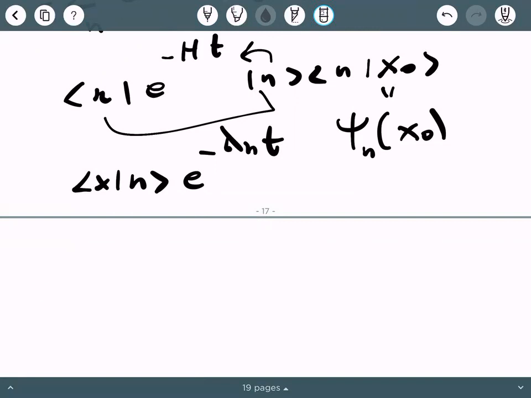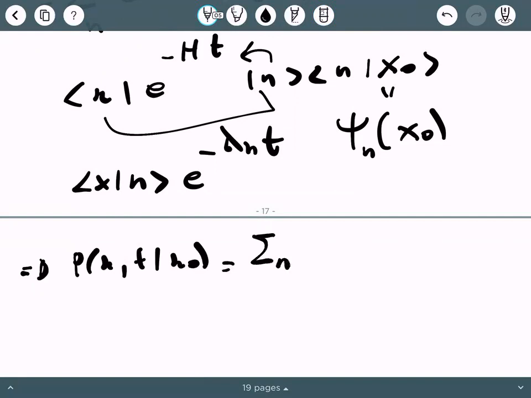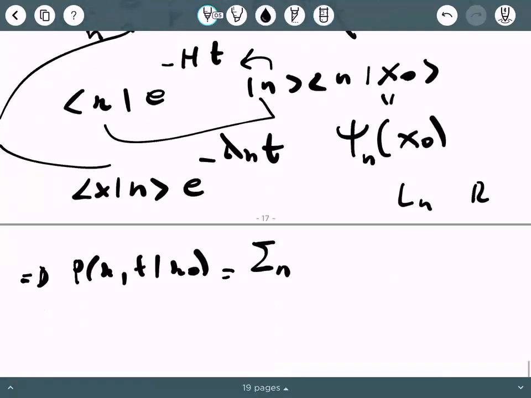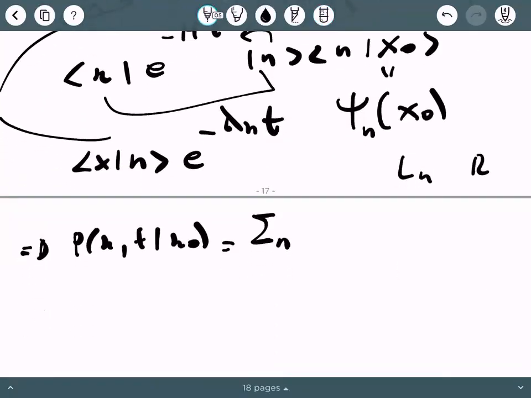And basically, my propagator is written now as a sum over n. And now, by recombining left and right, you will write that this is the sum over right eigenstates of X, left eigenstates of X naught, times the corresponding exponential.